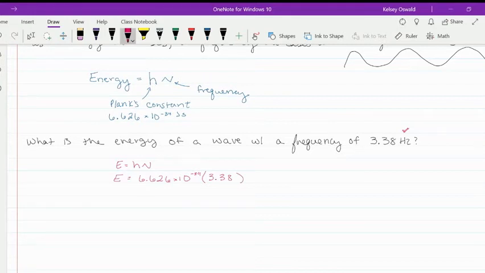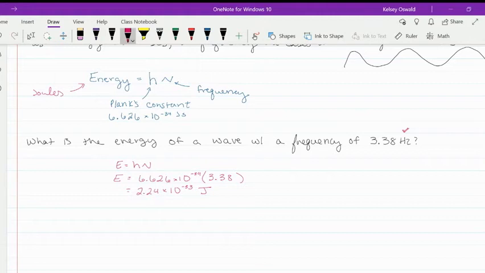So to find out how much energy we have, we'll plug this in our calculator. And we should find that this wave has 2.24 times 10 to the negative 33rd joules of energy. Just like how frequency always has to be in hertz, wavelength always has to be in meters, energy is always going to be measured in joules. Okay? So in this example, we were given our frequency, so we're able to just plug that into our equation.